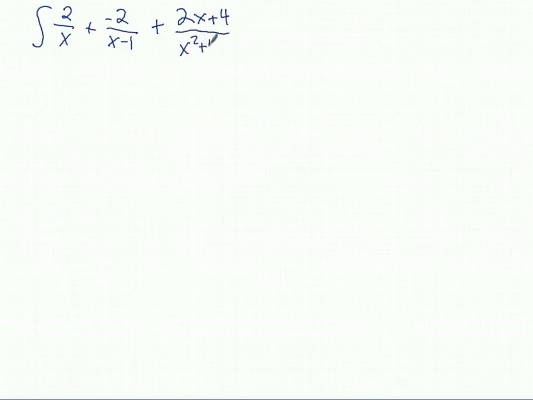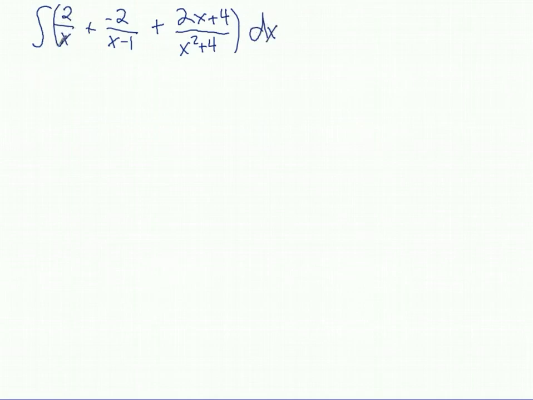So the integral that we get now, having broken it down, is the integral of 2 over x, a over x if you will, plus negative 2 over x minus 1, plus 2x plus 4 over x squared plus 4 dx. And some of this is easy and some of this isn't.